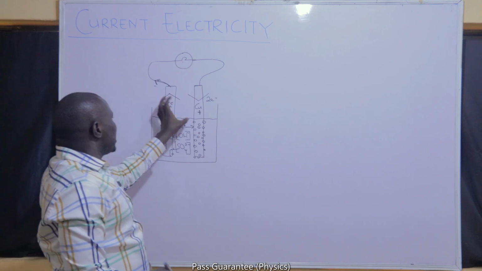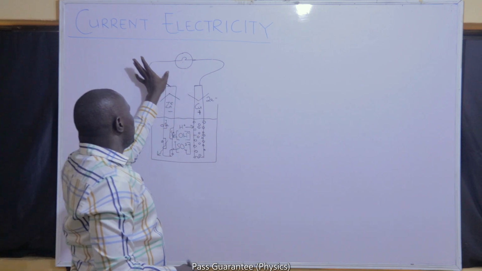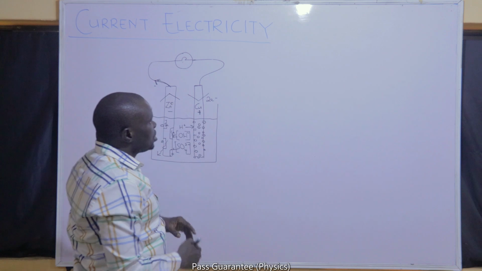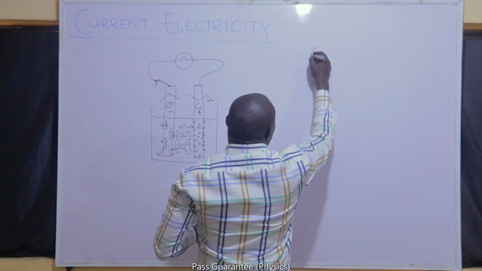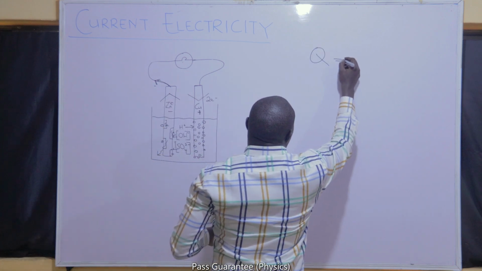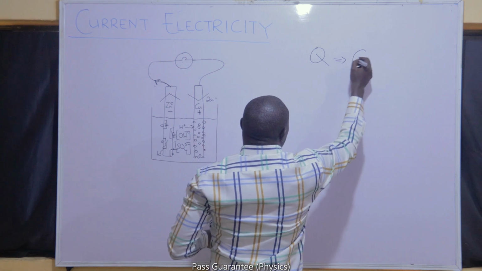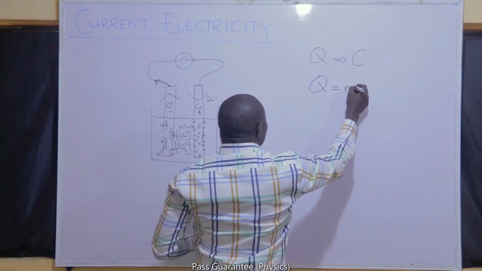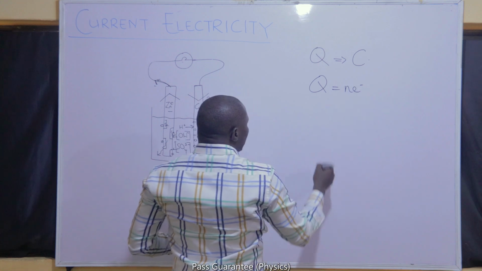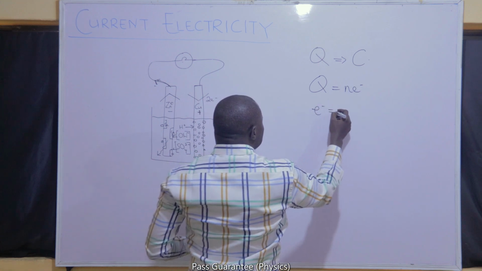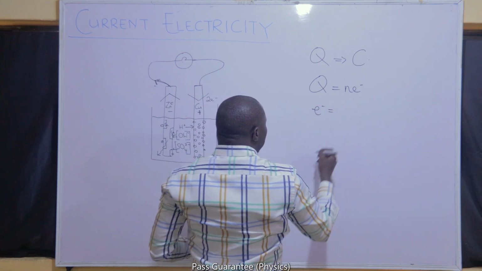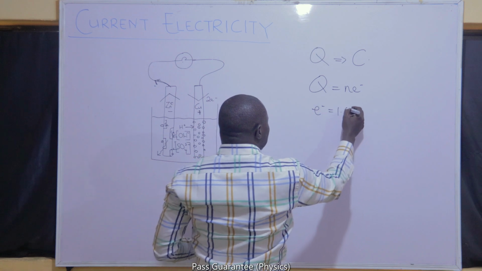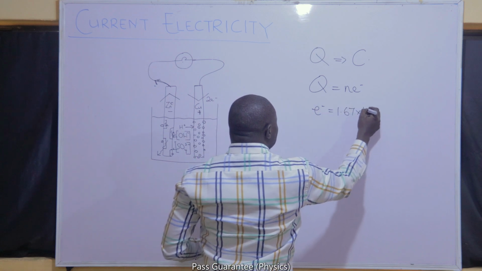The work that the cell will do in moving a coulomb of electricity, I just told you that quantity of electricity is measured in coulombs, and that quantity of electricity depends on the number of electrons that is flowing through. One electron has a charge that can be represented by 1.67 times 10 raised to the power minus 19.